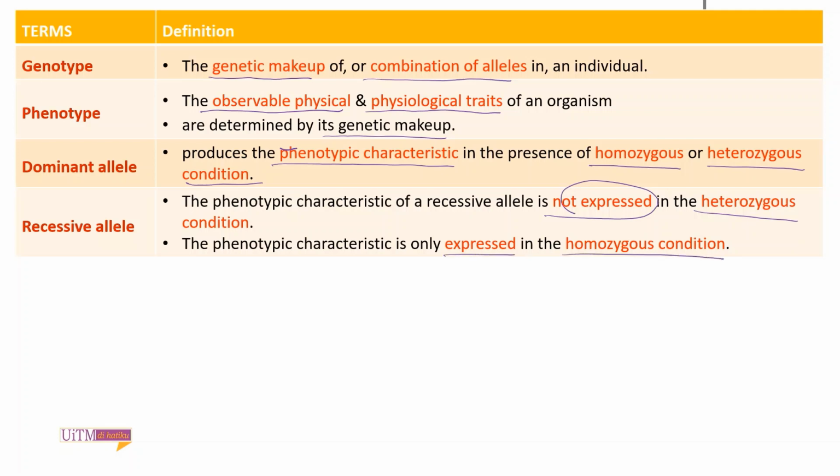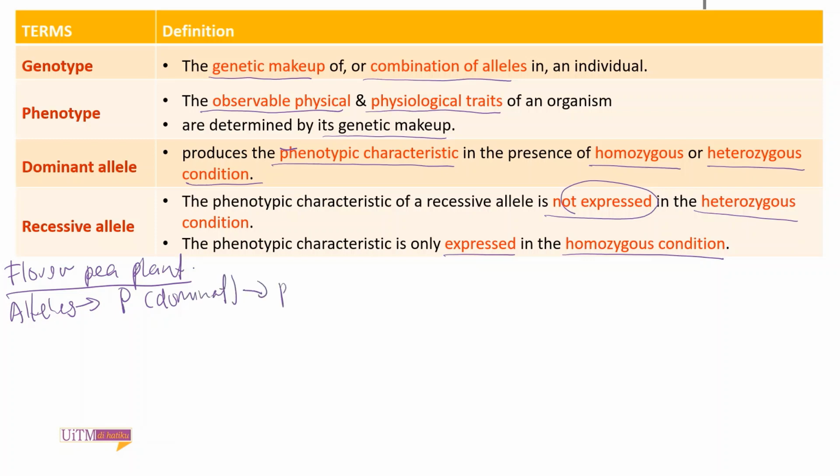For example, here we have flower color for pea plant. The alleles involved are the dominant P allele that expresses purple flower, and the other allele is the recessive small p allele that expresses white flower.